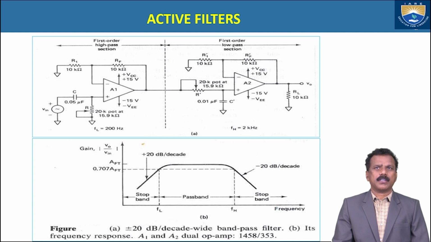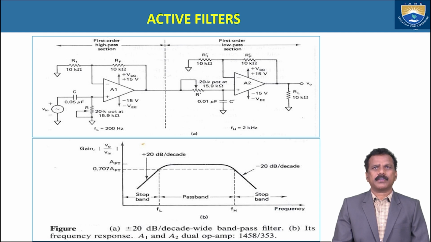Here it is the first order high pass section and the first order low pass section. In the first order high pass section, the inverting terminal is connected to R1 with RF and the output voltage Vo, and the non-inverting terminal is connected to the R, with the capacitor connected to Vin.